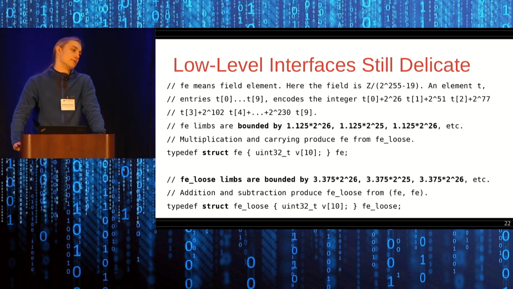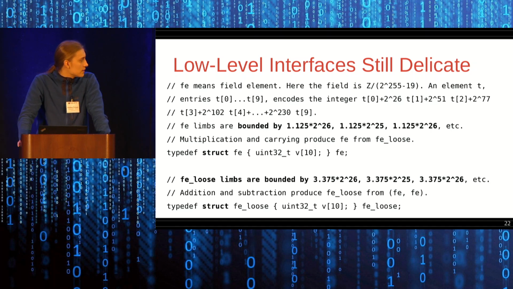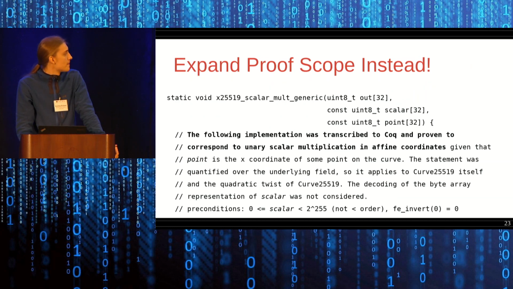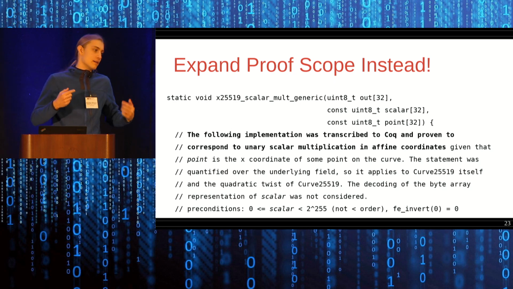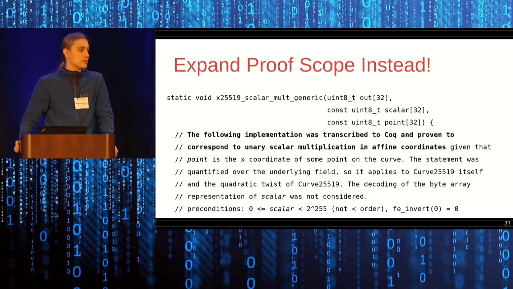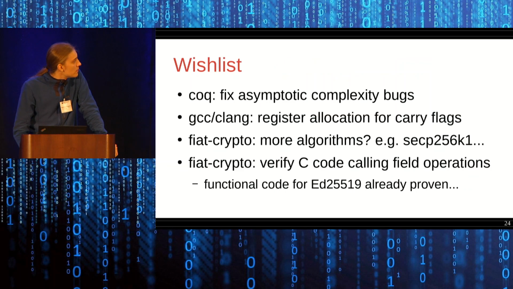And this also turned out relatively well, because then I could just document the definition of the struct with what bounds are assumed to be known of its limbs. And in some cases, we even went the other way around and prescribed the outer finite field implementation into Coq to prove it correct as an entire unit instead of verifying individual field operations.